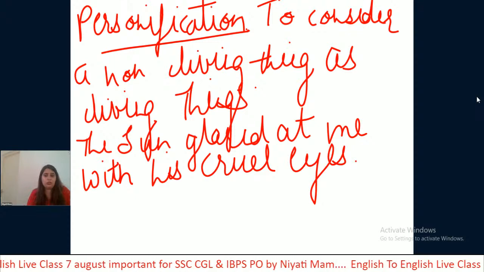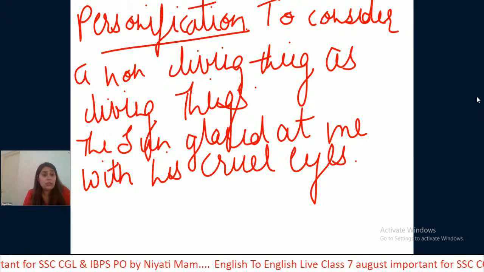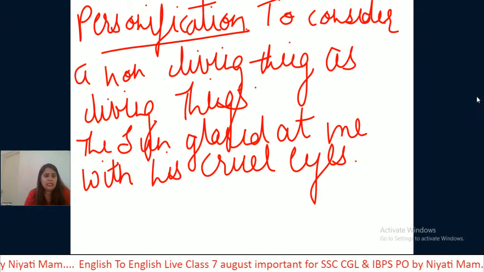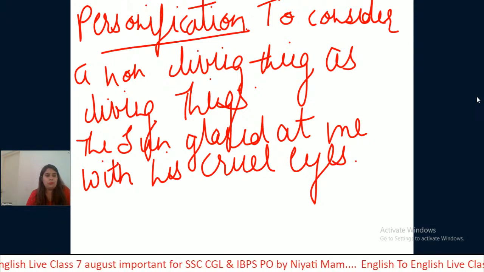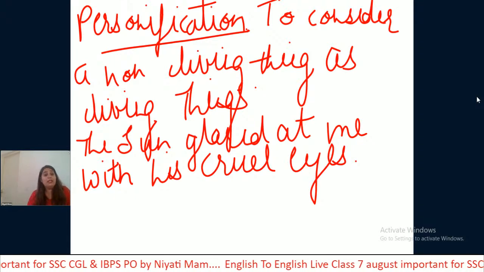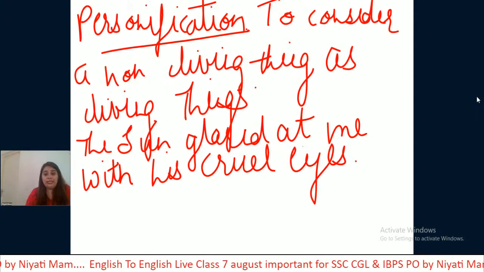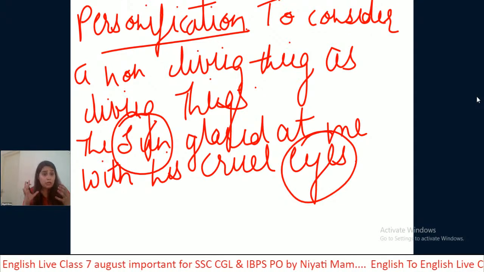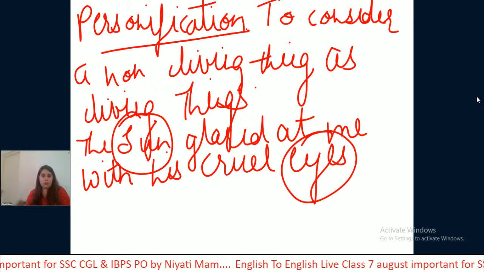Glower also means the same, to see someone or something angrily. Now, do you people think it is possible for the sun to have eyes? No, it is not possible. In this sentence, I'm considering a non-living thing, the sun, as a living thing because I am relating eyes with the sun. So the process of considering a non-living thing a living thing is known as personification.